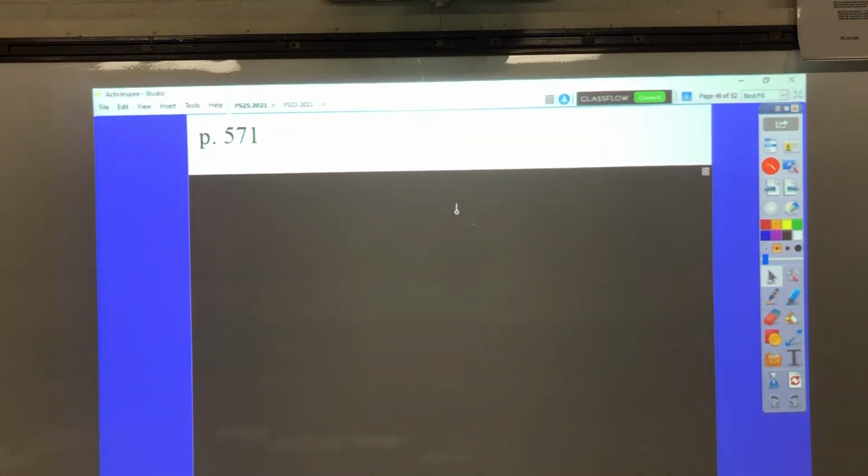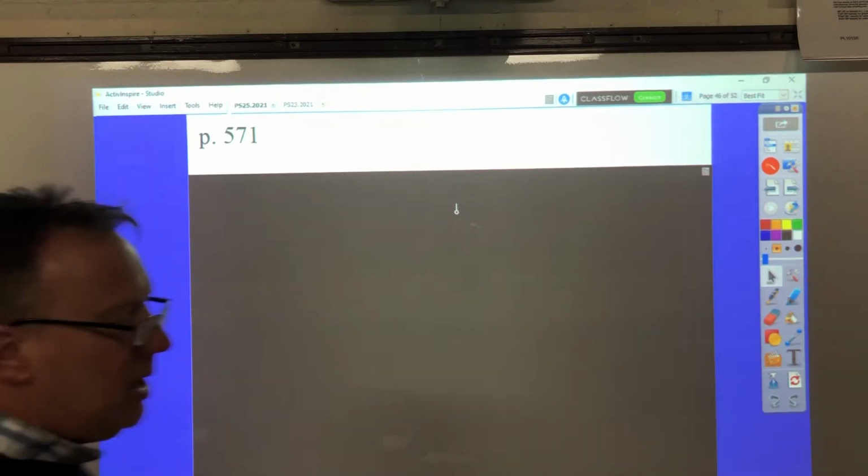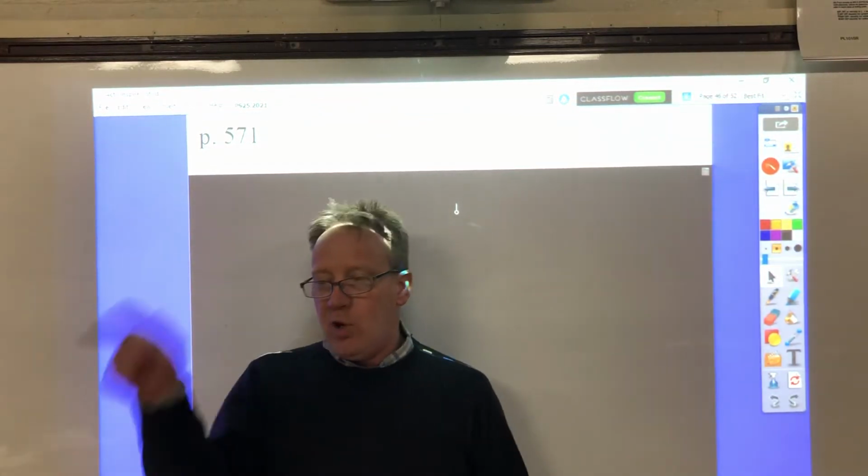Okay, so number 20 says write formulas for the following compounds: potassium iodide, phosphorus pentachloride, magnesium hydroxide, aluminum sulfate, dichlorine heptoxide, and calcium nitrate trihydrate. Well, there's two other things in there. You have some covalent compounds.